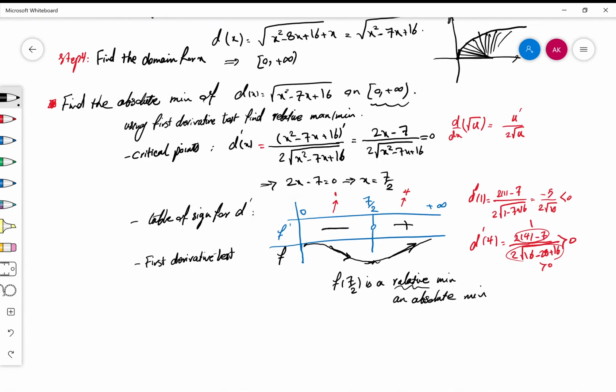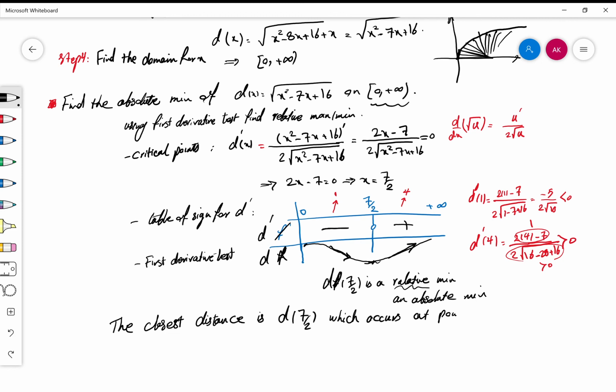What does this mean? Instead of d, I used f, so let me just turn these ones to d. So it means that the closest distance is d of 7/2, which occurs at the point where x is 7/2 and y is √x.